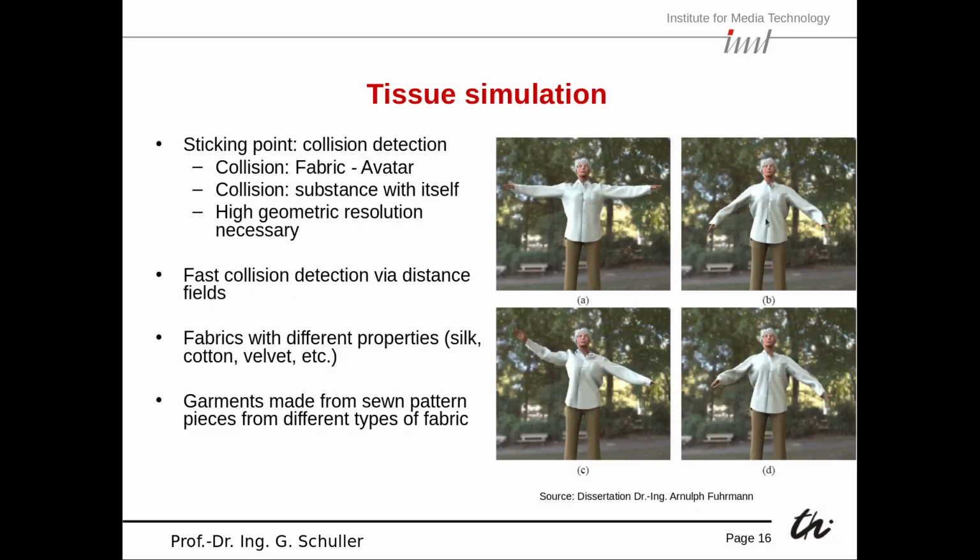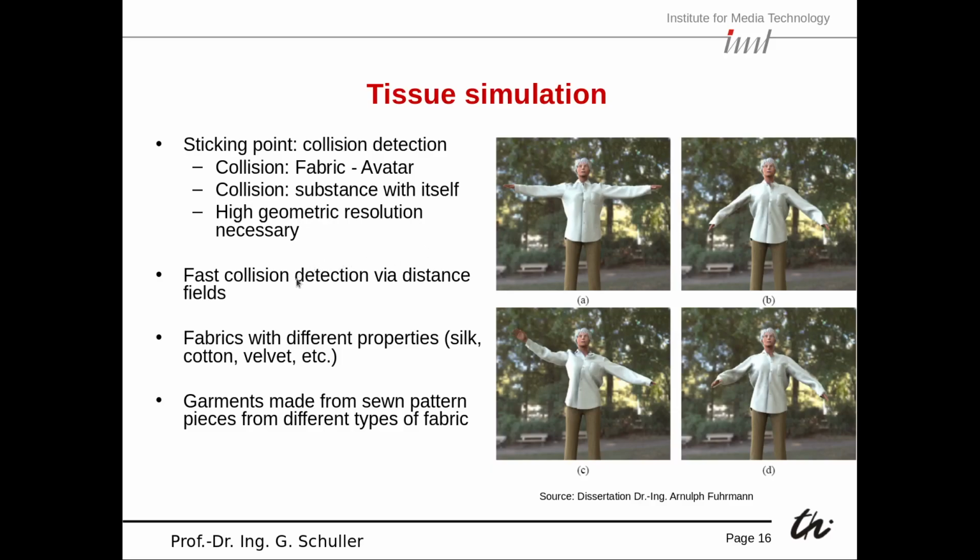Here you can see a mannequin having cloth. Here you have collision detection. So here we have the collision between fabric and this avatar, and the collision between the substance with itself. And here we have a high geometric resolution necessary to get a realistic simulation.